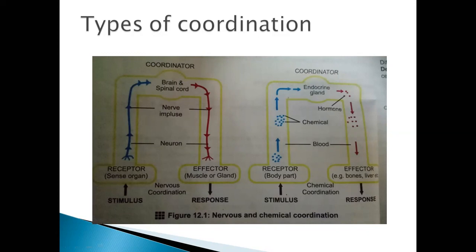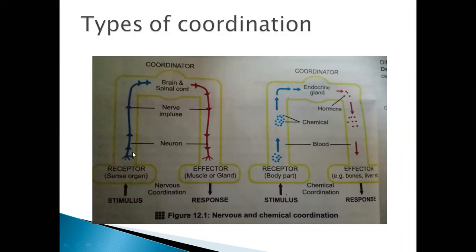It can be your skin, it can be your eye. If you're watching this, you are trying to understand the image, this is also one type of coordination. So you can say that in receptors, the eye is also included. The nose is also included, when you smell something, it smells bad or it smells good, it is also one kind of receptor. So there are five senses that you're having in your body, they can act as the receptors. Okay, fine.